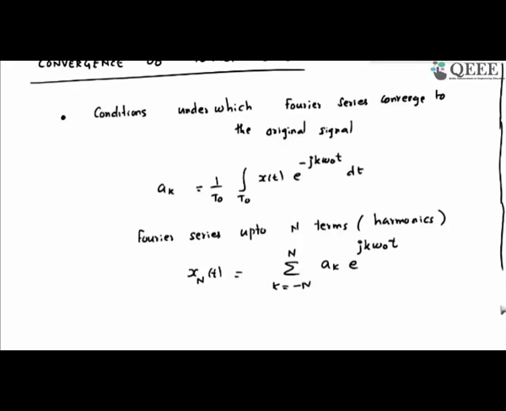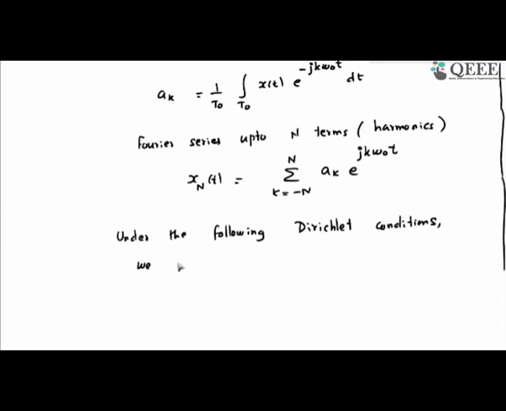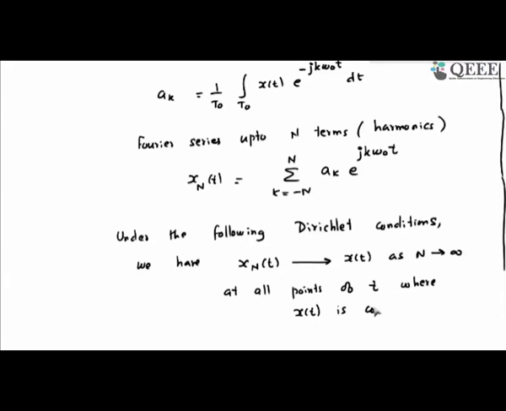So now the question is, we can say that under the following conditions called Dirichlet conditions, we have xn of t converge to x of t as n goes to infinity at all points of t where x of t is continuous.